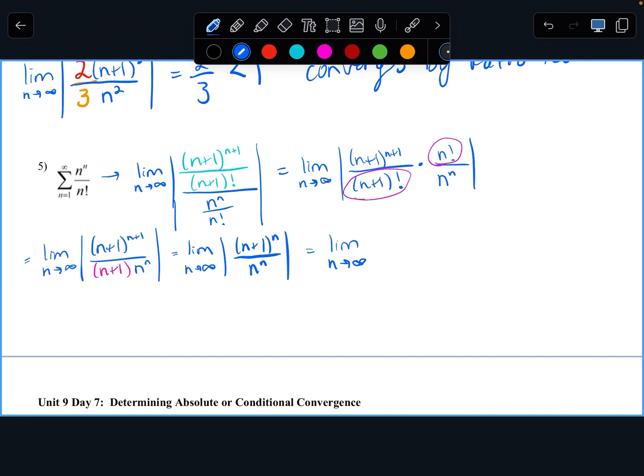Okay, so this is what I'm going to do. I'm going to drop the bars, and I'll show you why in a sec. I'm going to write it as n plus 1 over n to the nth. Okay, now why can I drop the bars? Think about your n's going to infinity, right? So you're plugging in numbers.